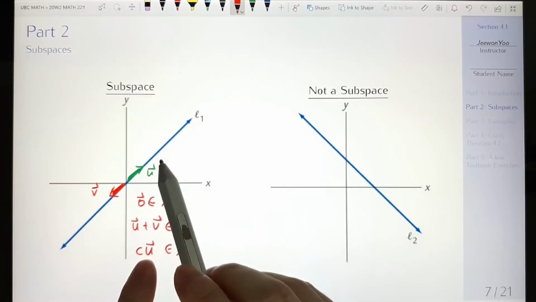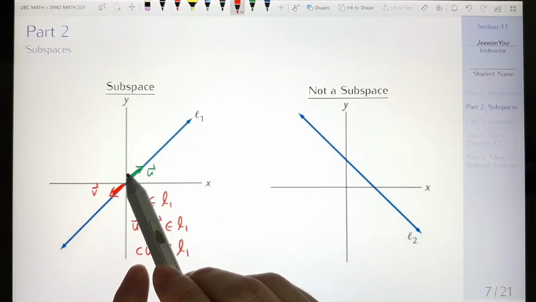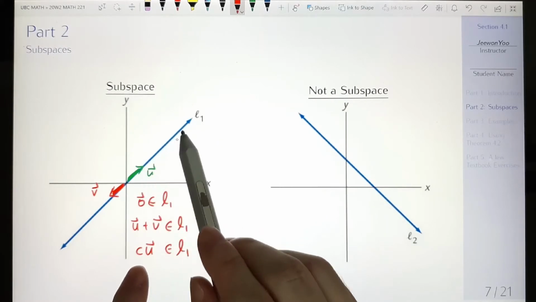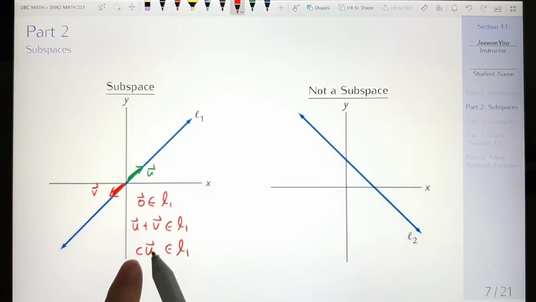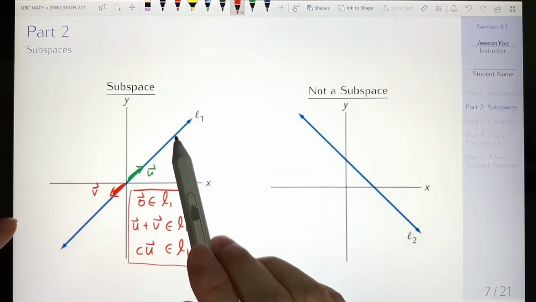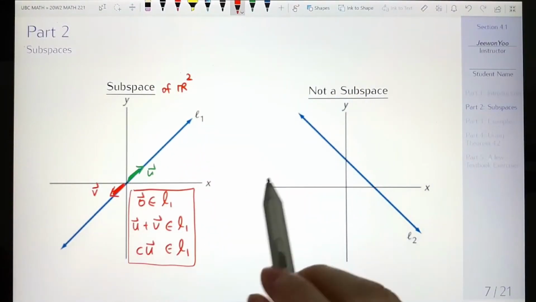Similarly, a scalar multiple of u still follows the line, which means this set L1 contains all the vectors that are multiplied by u. So altogether, this L1 is a subspace of the Euclidean space R2.